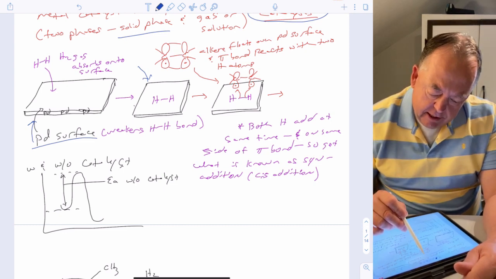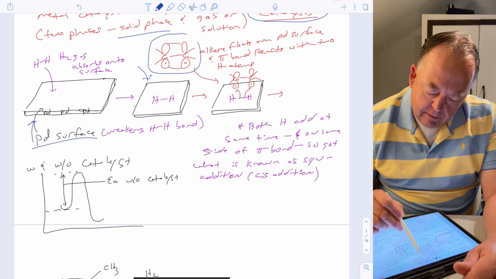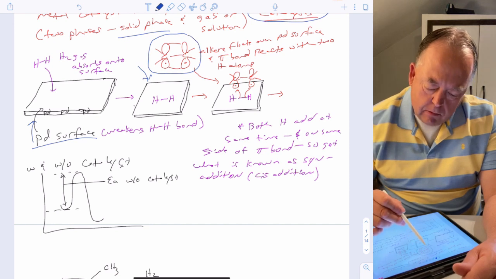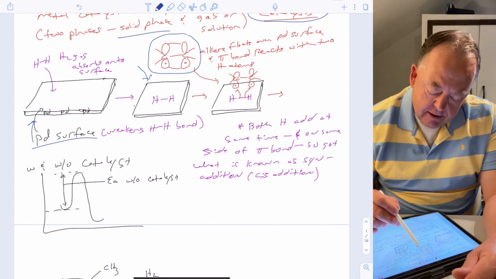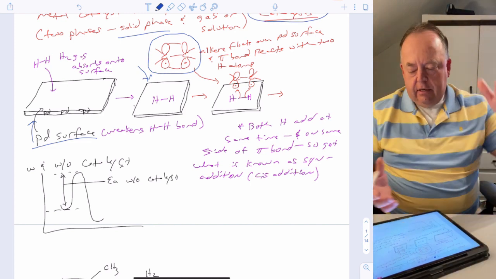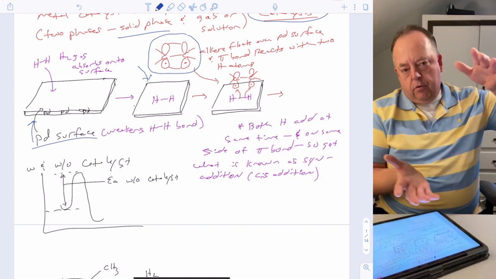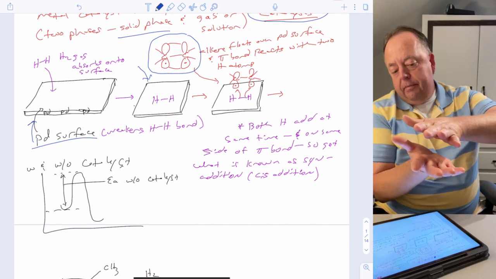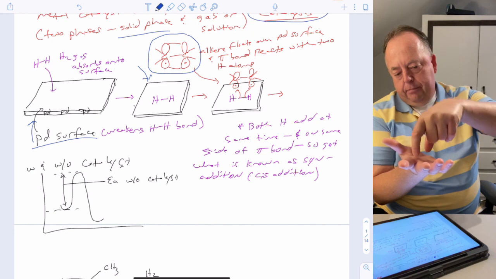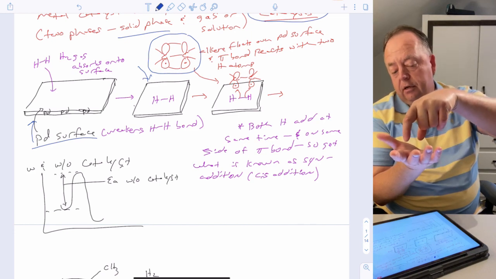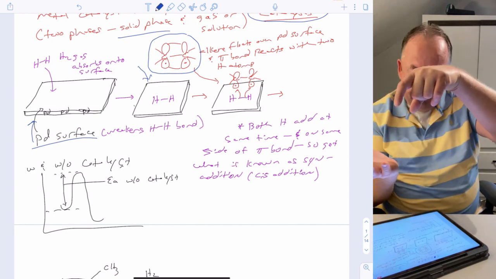And then for your alkene, if you remember, if you have a carbon-carbon double bond, then each carbon's got a p orbital on it with one electron in it. And so the alkene is going to float in over the surface of the palladium, which has the two hydrogens on it, and it's going to pick up two hydrogens from the surface of the palladium.